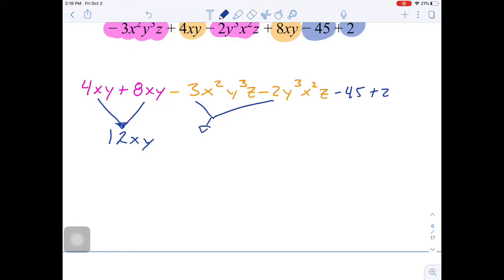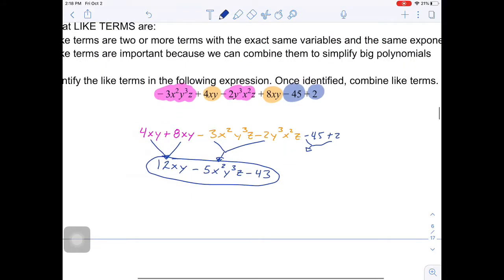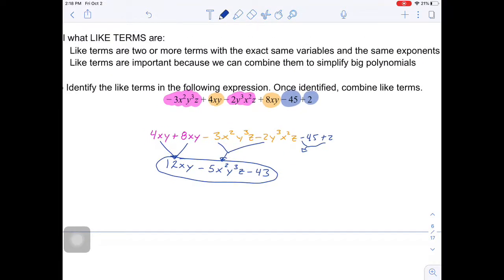That's going to give us negative 5, and then their variables are just going to follow along. And then finally, negative 45 plus 2 gives me minus 43. So there is your simplified polynomial up here. So this thing equals this expression. Okay, we just made it simpler.